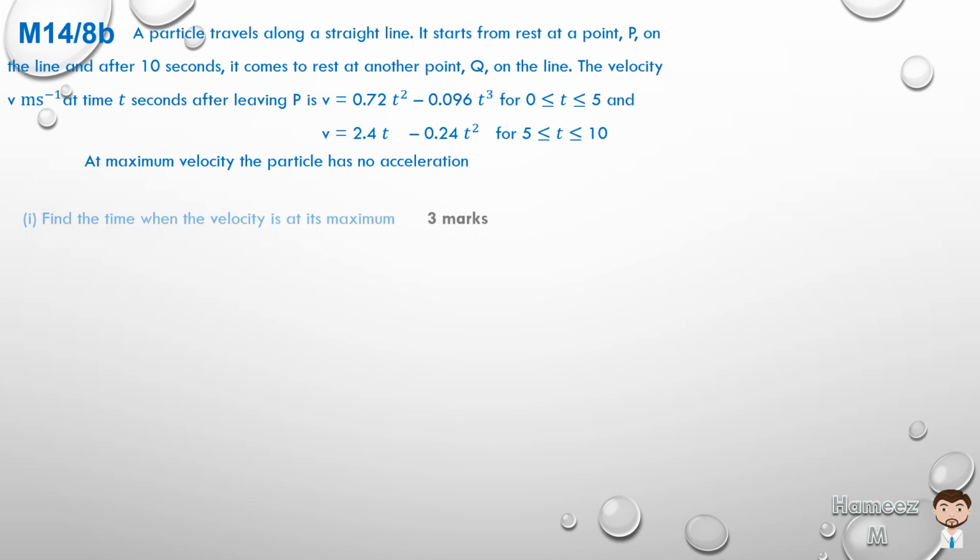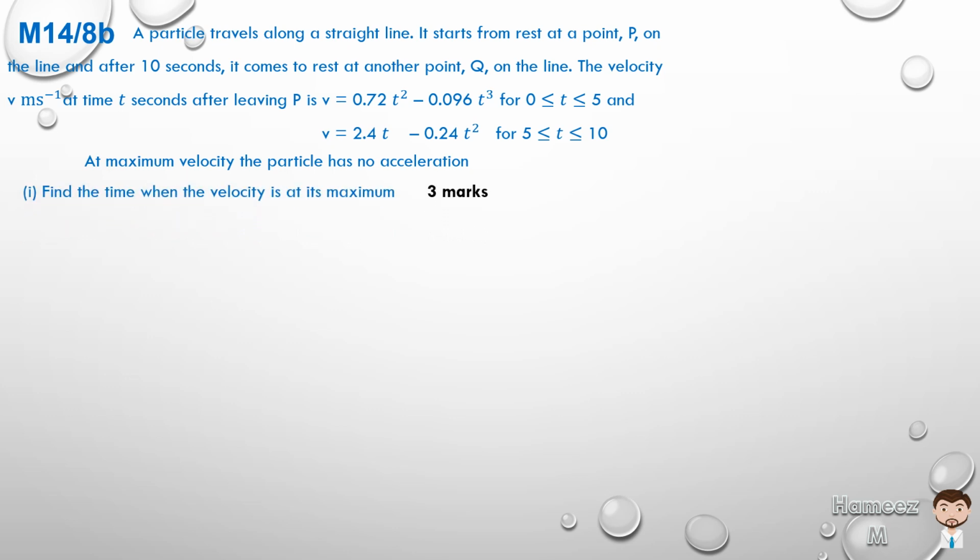Part 1. Find the time when the velocity is at its maximum. So let's consider the first equation. v1 is equal to 0.72 t squared minus 0.096 t cubed. And if we want to get the velocity at a maximum, then we want to find dv/dt. d/dt of v1 is equal to 1.44 t minus 3 times 0.096, which is 0.288 t squared.